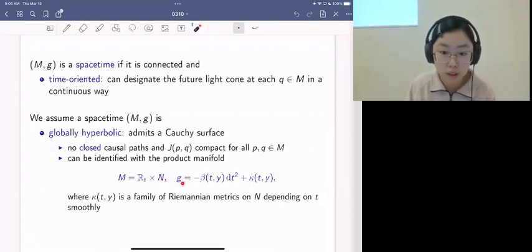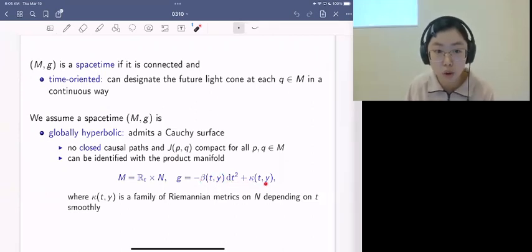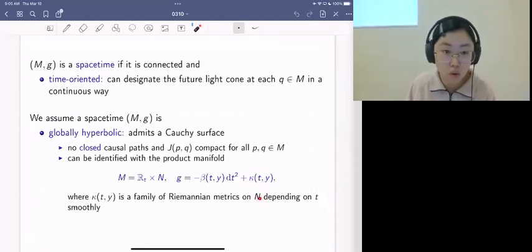So the metric can be written as minus a positive function beta times dt squared plus kappa(t,y), where kappa(t,y) is a family of Riemannian metrics on the three-dimensional manifold N, which smoothly depends on t.